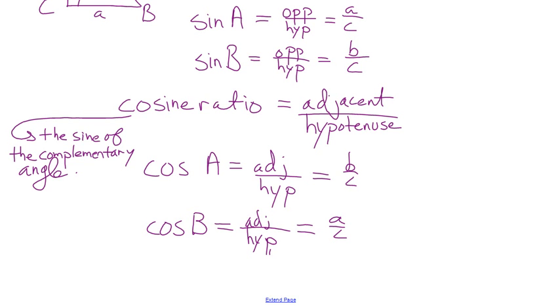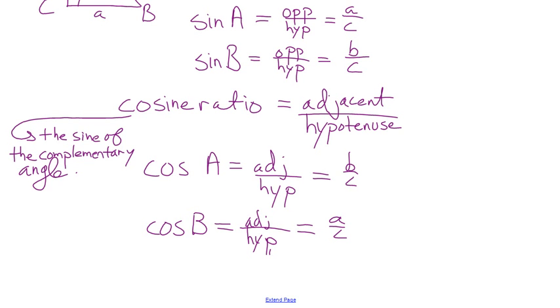It's the sine of the complementary angle. What do we know about A and B? They're complementary angles. So the cos of A is the same as the sine of B, and the cos of B is the same as the sine of A. There you go. Something you didn't know.